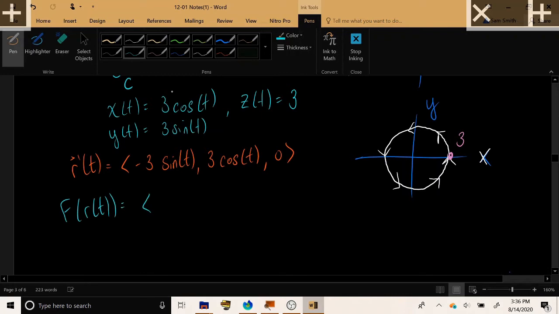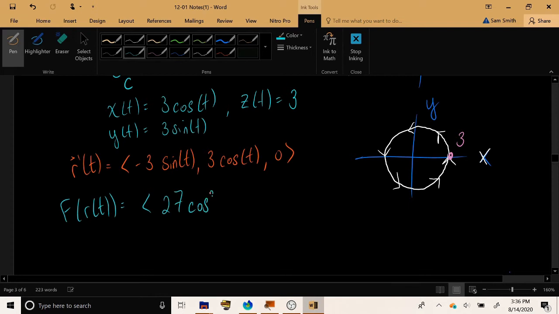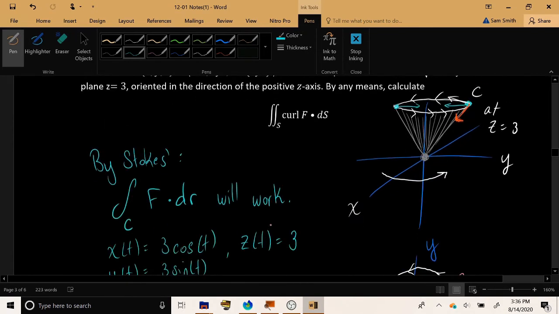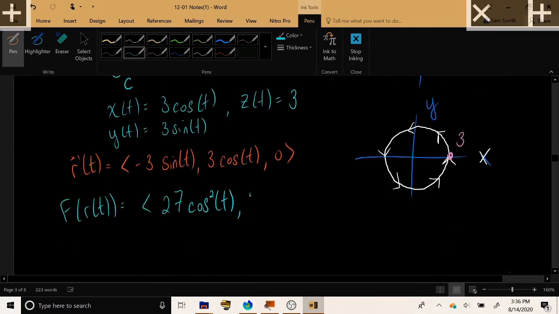We have x squared, 9 times 3, which is 27 cosine squared t. We have x y z, so 27 cosine sine.